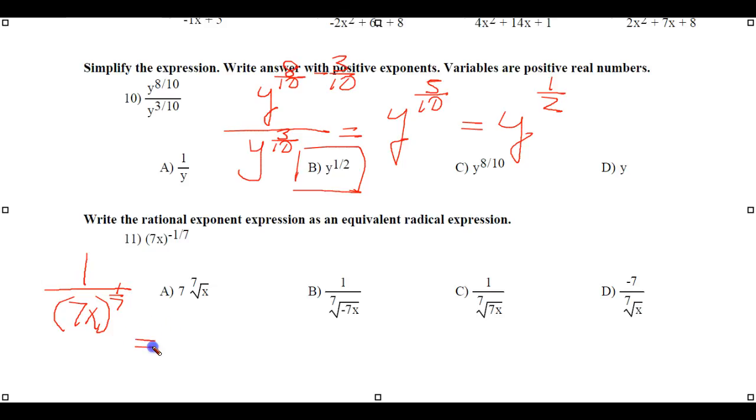Well, in converting it to its radical form, we said we take the denominator of our fractional exponent, that becomes the index number, write the radical sign, and we put in the base, which becomes our radicand. And since that's to the first, we don't have to write it. So that looks like letter C.